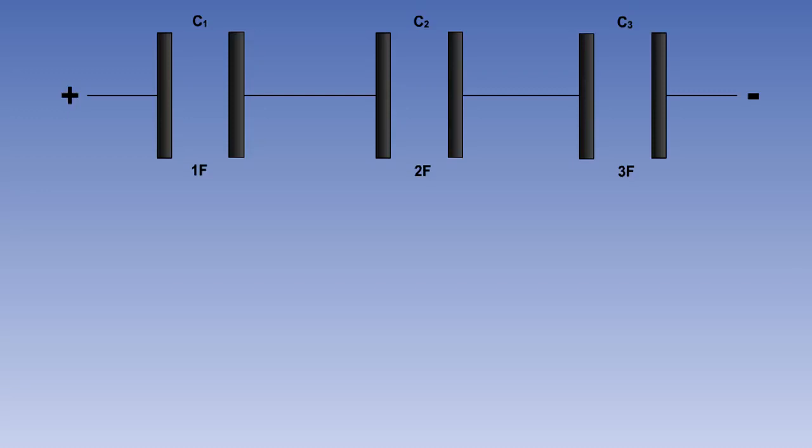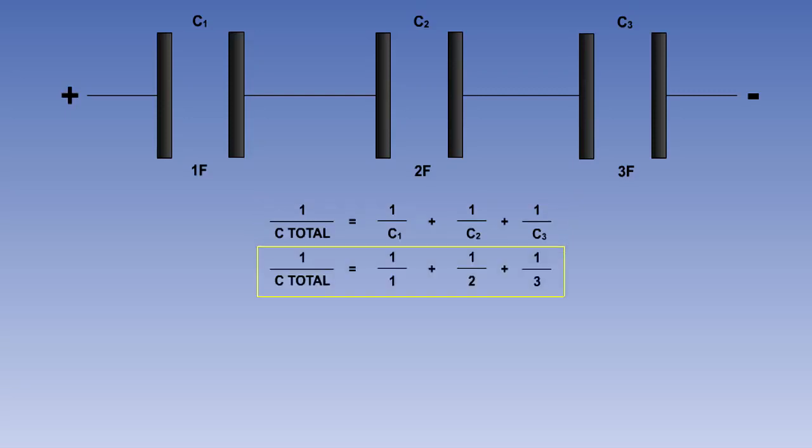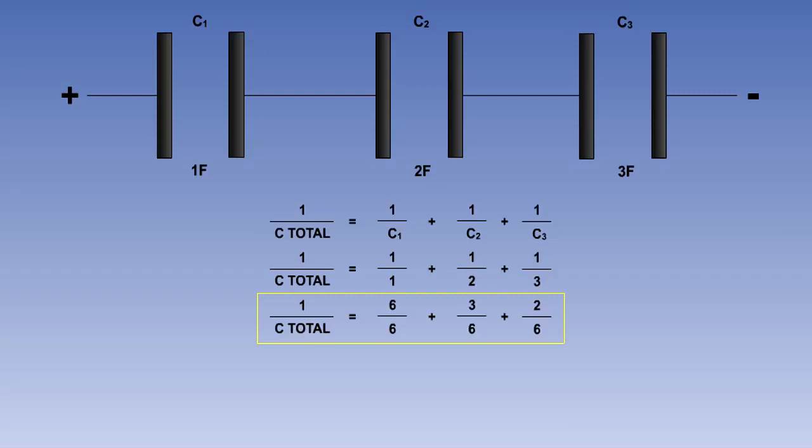In the example here, we have 3 capacitors in series. To calculate the total capacitance, we use the formula. So, 1 over the total capacitance equals 1 over 1 plus 1 over 2 plus 1 over 3, or 6 over 6 plus 3 over 6 plus 2 over 6.